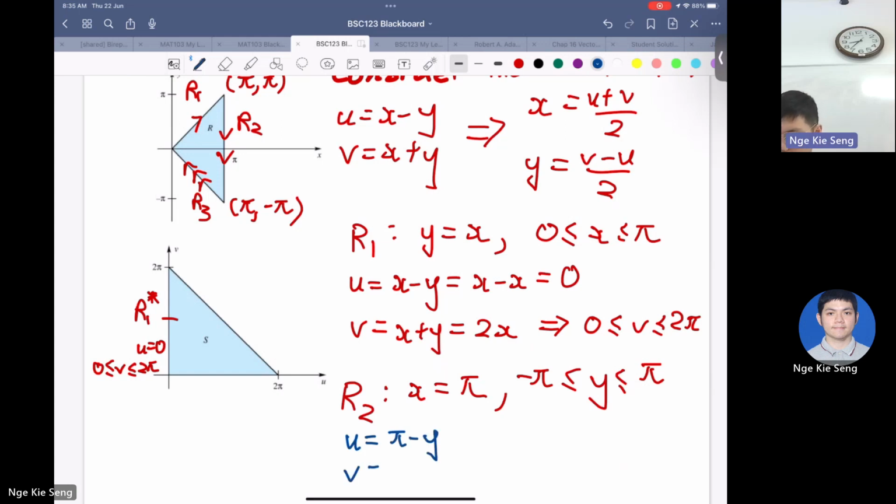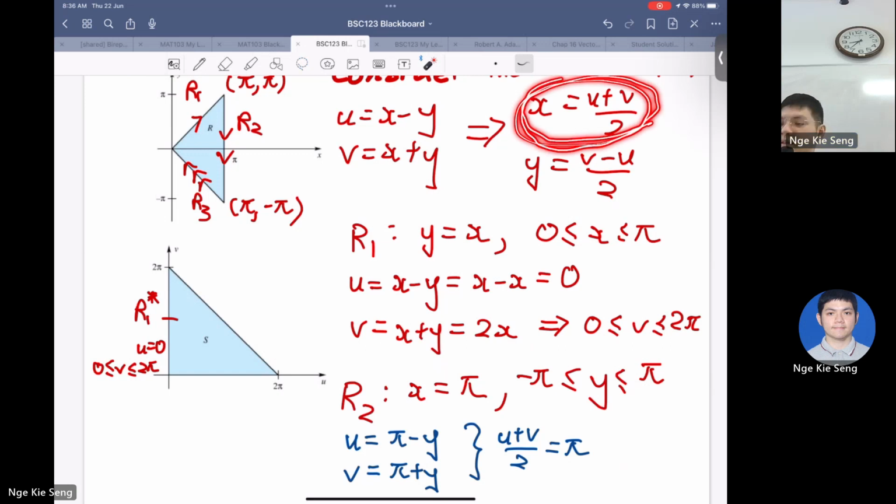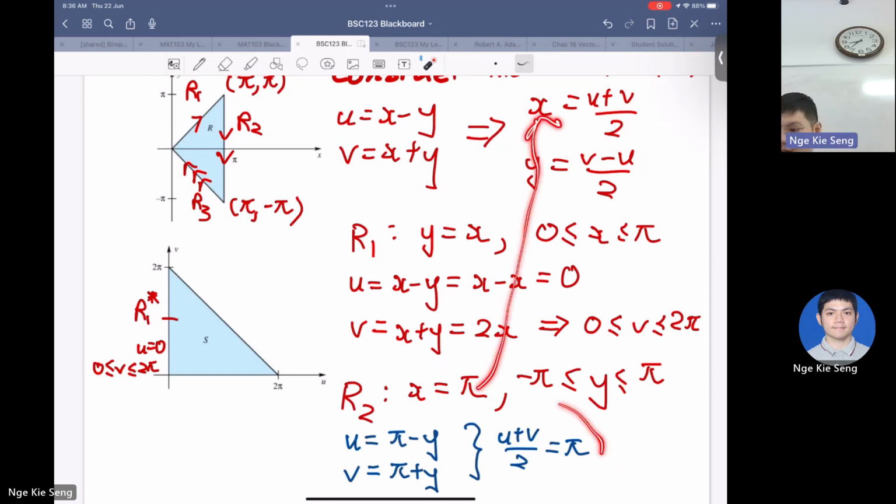V equals pi plus y. But there's a y here. We don't want y anymore. So if you combine them together, you should get (u plus v) over 2 equals pi. Or you can straight away use the relation between x and uv. You just sub your pi into x, then you also will get this. Is that okay? In this case, this is convenient.